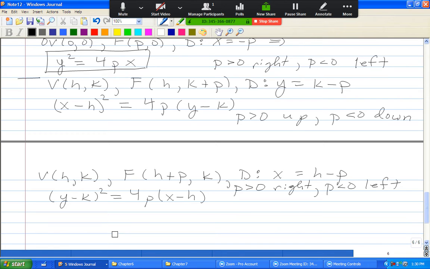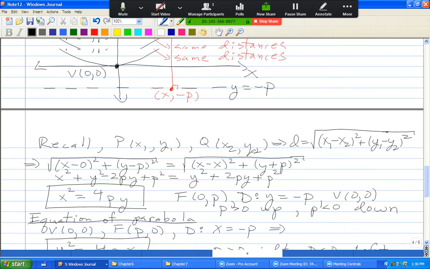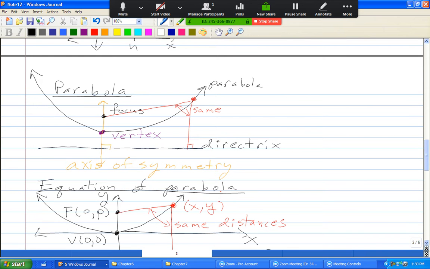Oh, maybe I should tell you that too. If you take a line parallel to the directrix passing through the focus, this is called the latus rectum.